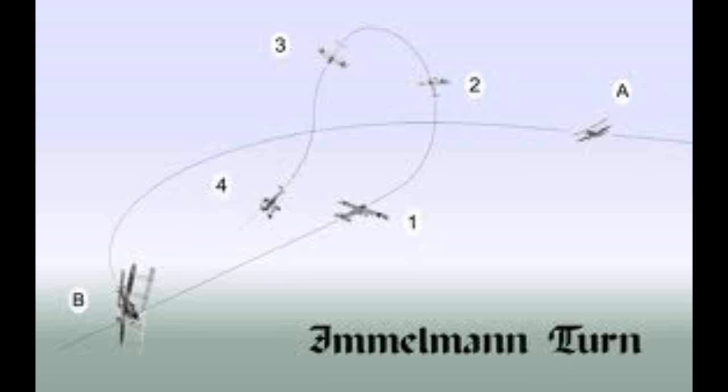Also, it's very effective because while elevators lose a lot of authority at low speeds, rudder usually keeps its authority at very slow speeds. They are designed to do that. Why? Because propeller planes, in arcade, again, you are not going to notice it, but propeller planes have torque.